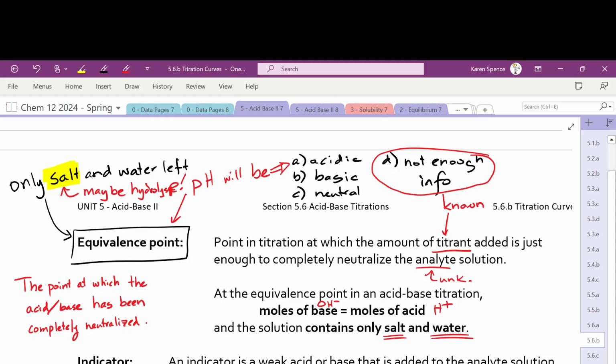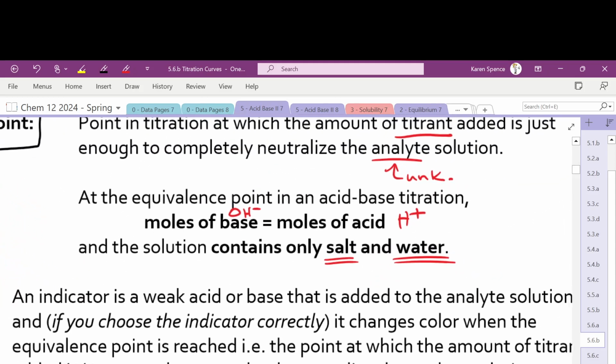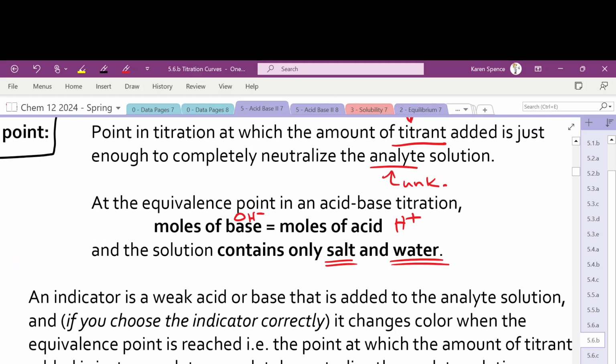My definition is actually wrong. See if you can figure out what's wrong with my definition. It's in the first line. An indicator is a weak acid or base that is added to the analyte, the unknown, solution. So there's a mistake in that first line.